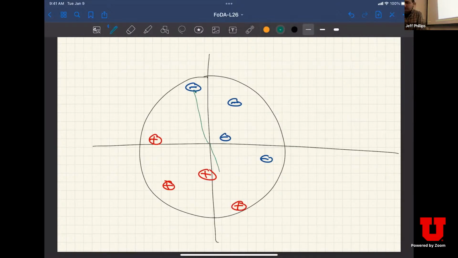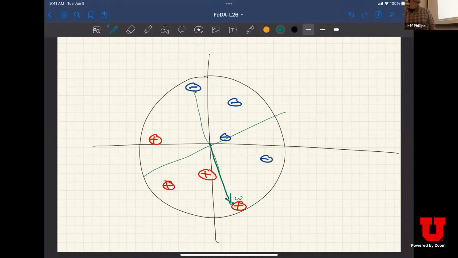So my vector W is actually going to go here. That gives rise to a normal vector, which is the classifier. It says everything in the direction of W, down here, is classified positive, and everything above is classified negative. And I actually did fairly well. There are only 2 misclassified points.